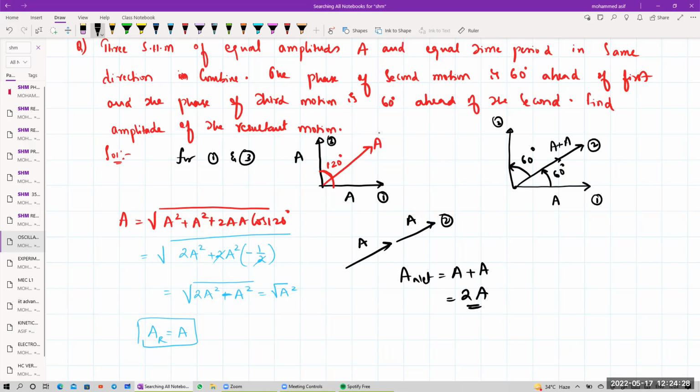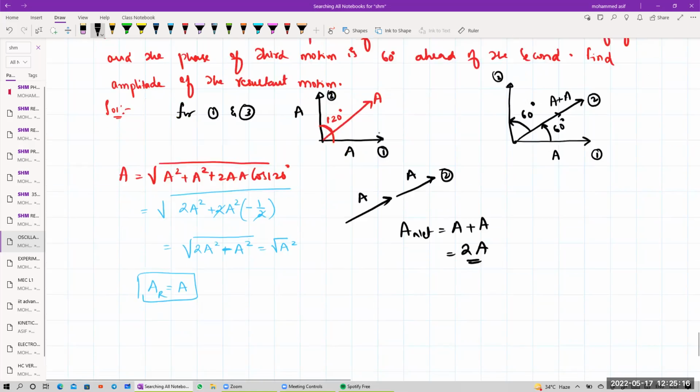Look once more, if you have any doubts please let me know. Clear sir. No doubt? No sir. Okay. Shall I give you one more example?